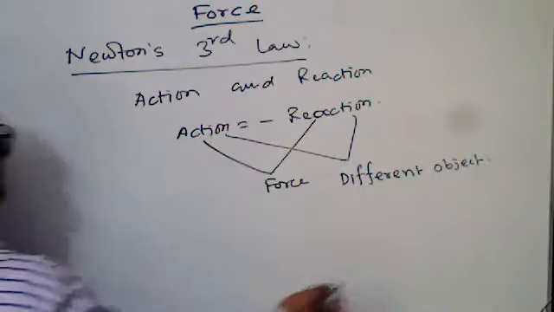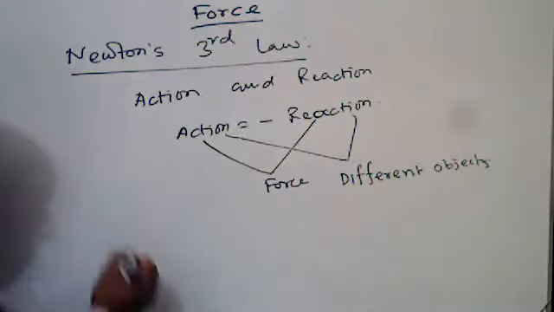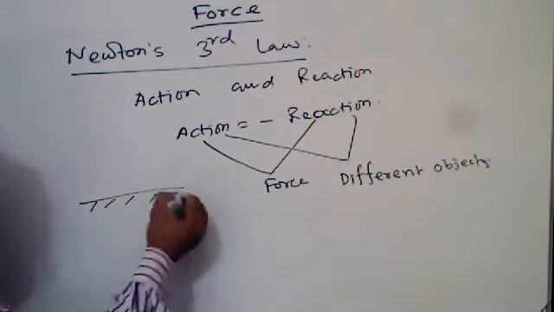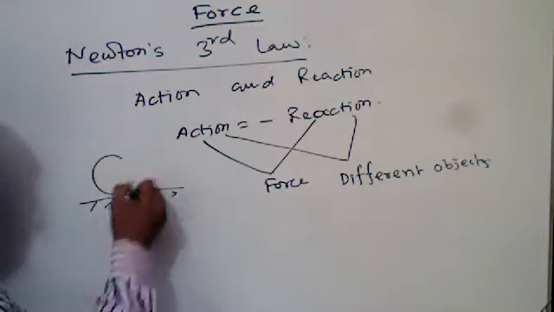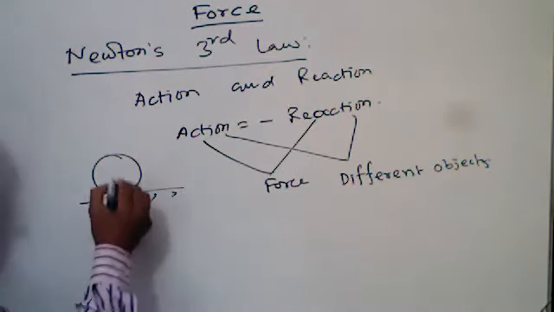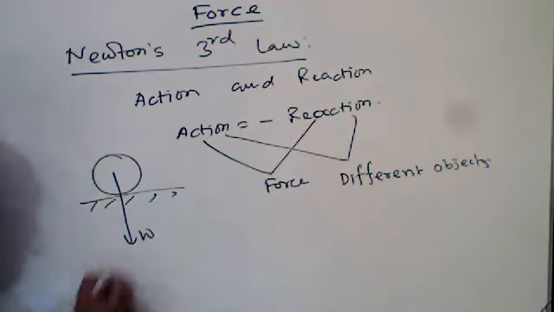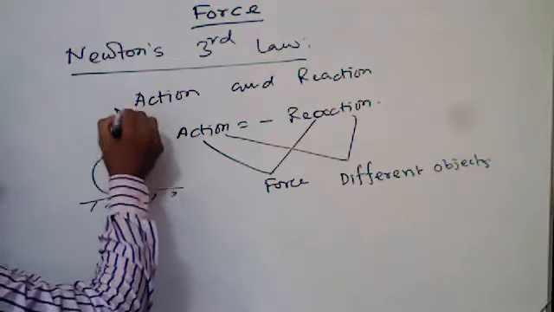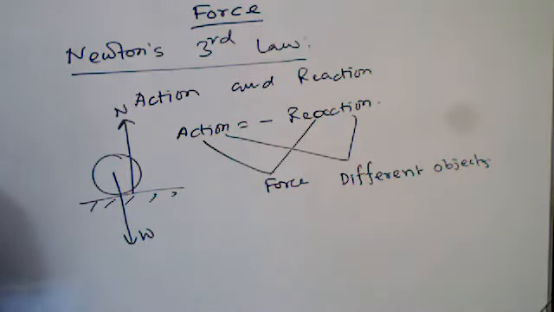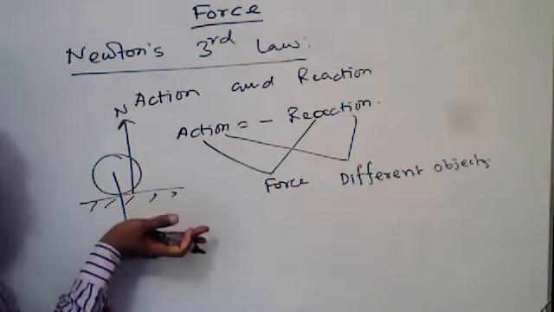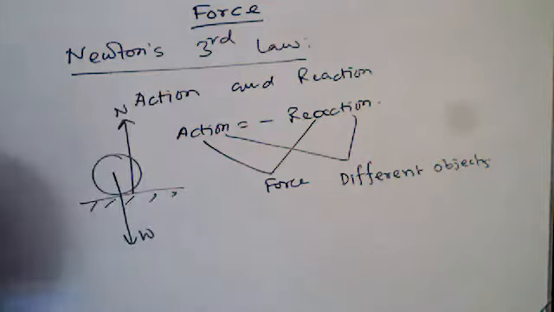Suppose this is the surface and there is the object. Suppose the weight is action, then the normal reaction, this is the normal reaction, is applied by the surface on the object. You have to remember this.